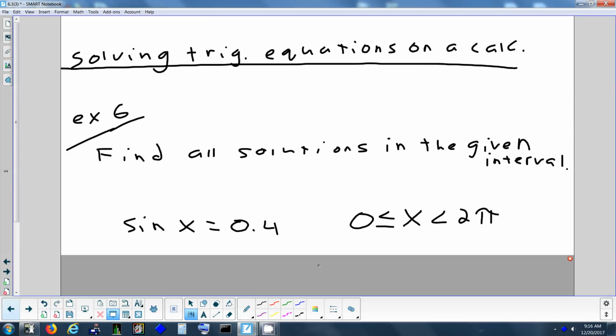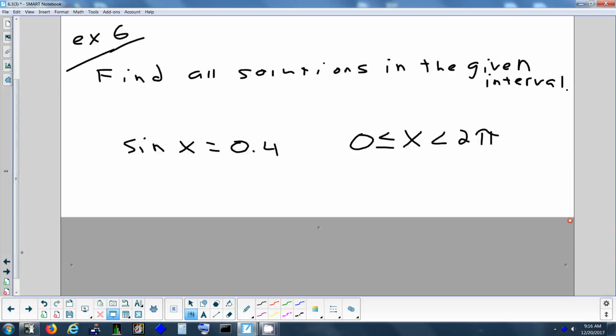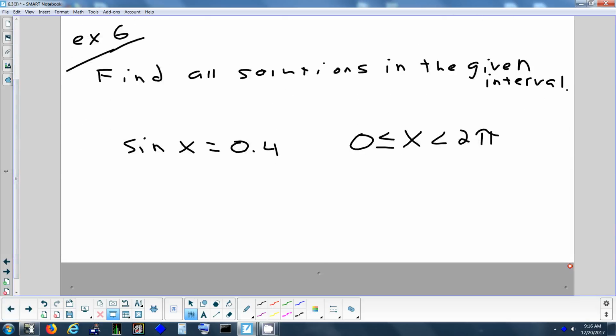So for this one, they're asking us to find all the answers in a given interval. We need to understand that there are more answers, but this problem's not asking for them. Okay, so let's graph that and see if we can find the answers between 0 and 2 pi.